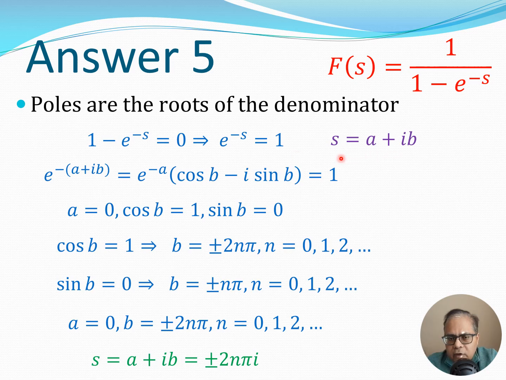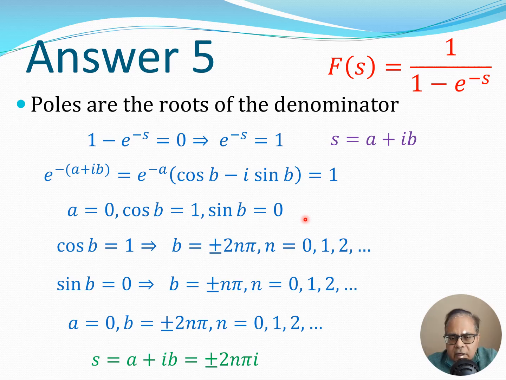Now what we do is we substitute s = a + ib, and if I do that I can write e^(−(a + ib)) as e^(−a)(cos b − i sin b) = 1. With this equation I can match both of these sides. I can see that a must be 0, cos b should be 1, and sin b should be 0.